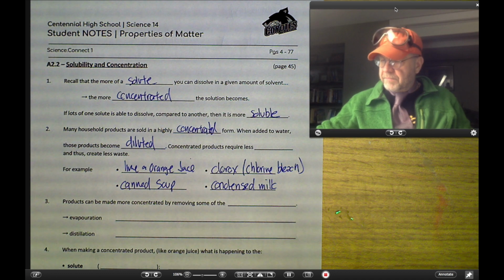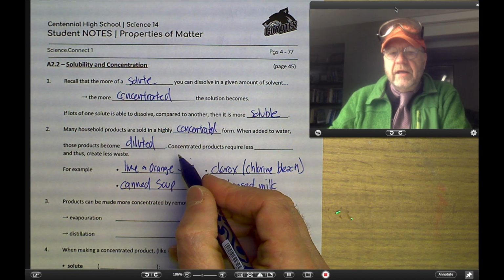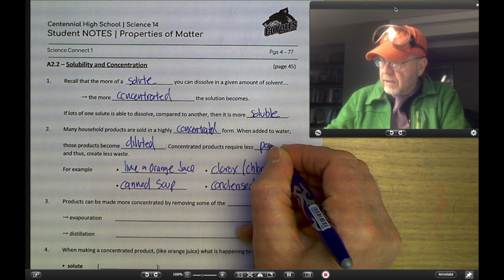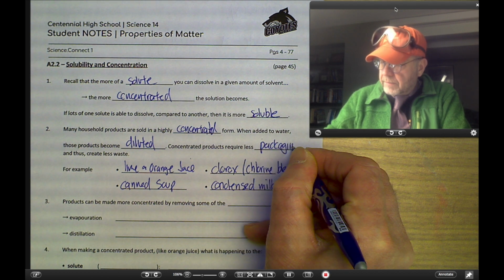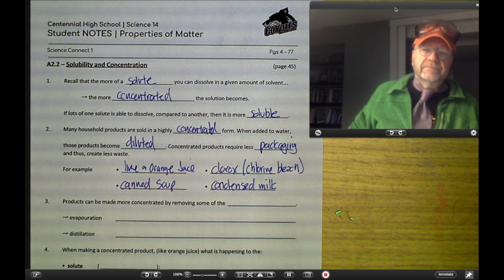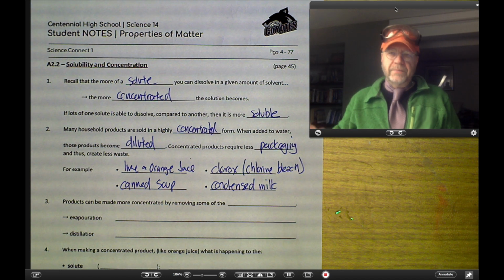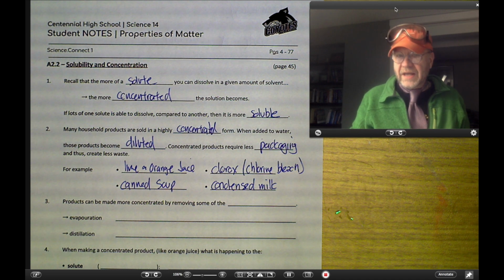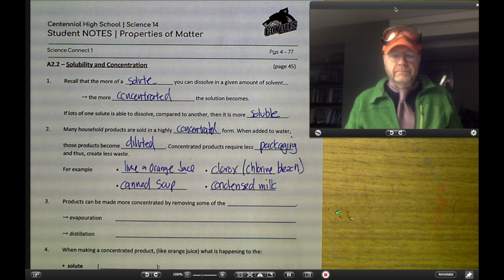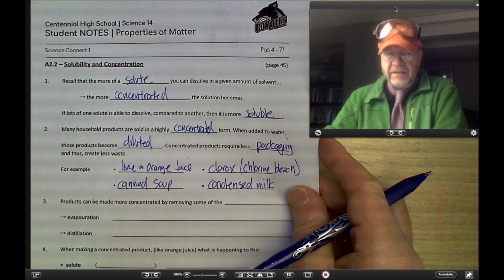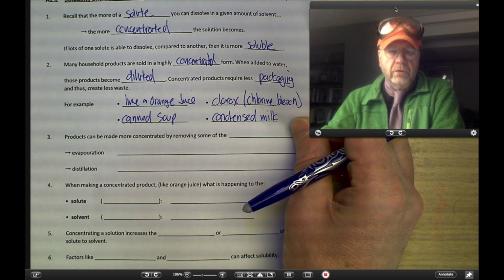Well, when you concentrate it and then send it out to the consumer, it requires less packaging. Less packaging means that it's lighter and cheaper to ship, less waste, less garbage, which benefits everybody. Cheaper to ship, throw fewer things into the landfill, and so you are good to go.